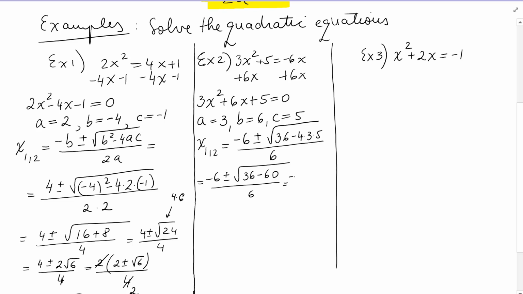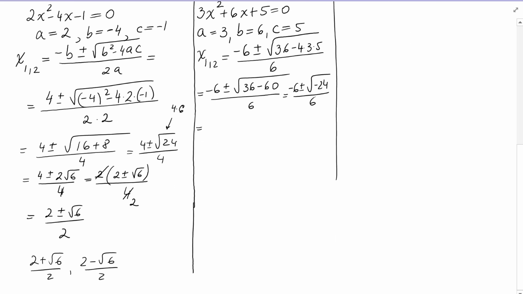So it's negative 6 plus minus square root of negative 24 over 6. Interesting, right? In the previous problem, we got square root of 24. Now we have negative 24. Well, if the question says find the real solutions, you would stop here and say no real solutions because of this negative 24 under the square root.